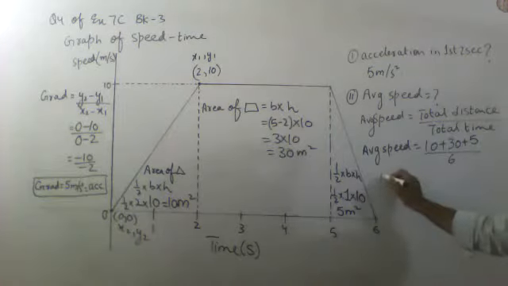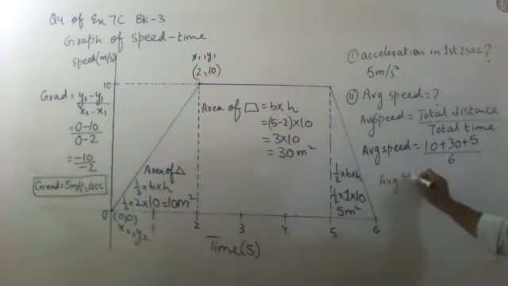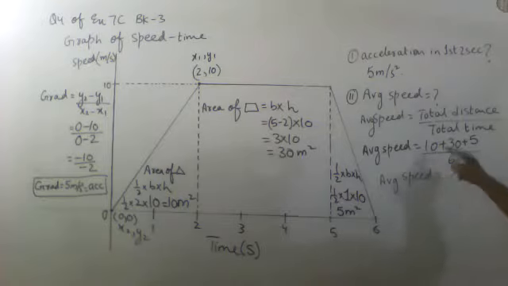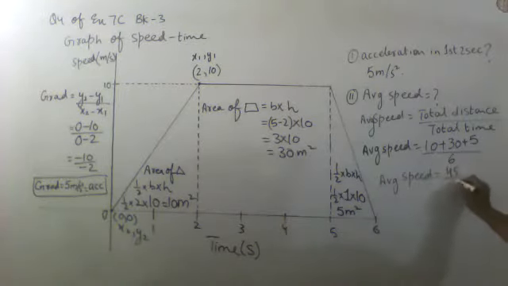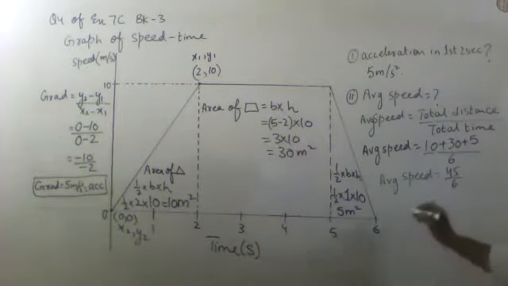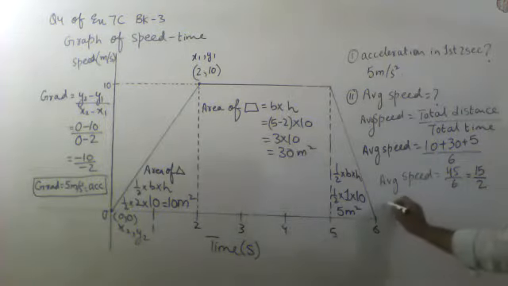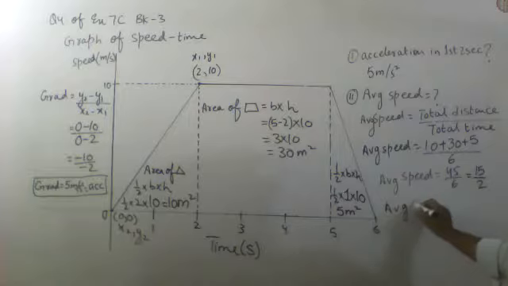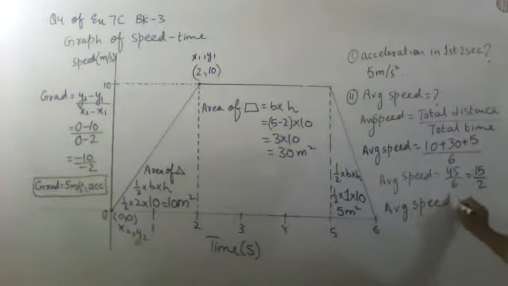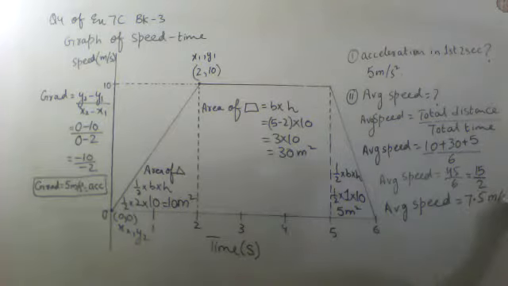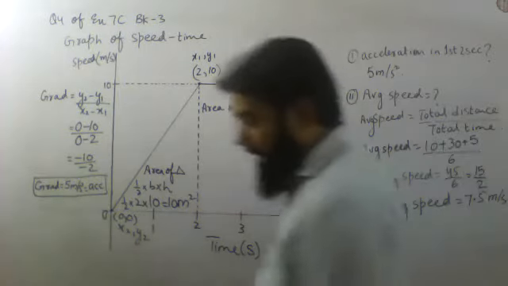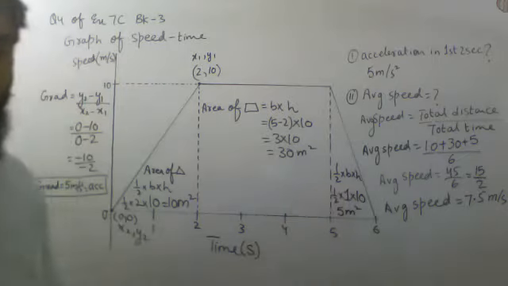When I simplify it, 10 plus 30 is 40, 40 plus 5 is 45 over 6, which after cancellation becomes 15 over 2. So my average speed will be 7.5 meter per second in the given scenario over here.